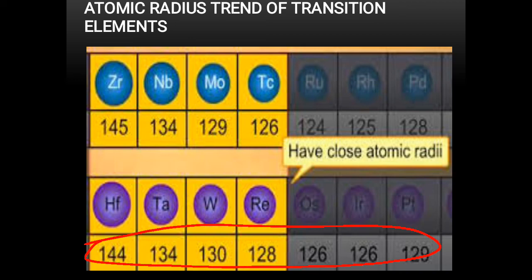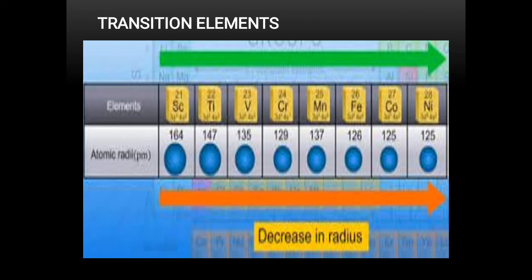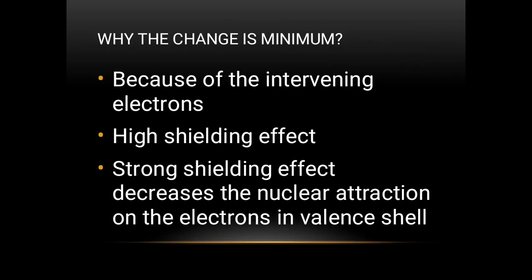Transition elements are the d block elements in which the outermost electrons enter d subshells or d orbitals. So this is another case where the change is not very great. Again, when I see the atomic distances or radii, they are almost similar, so the change is not very prominent.